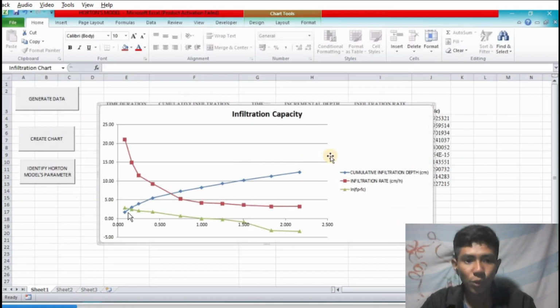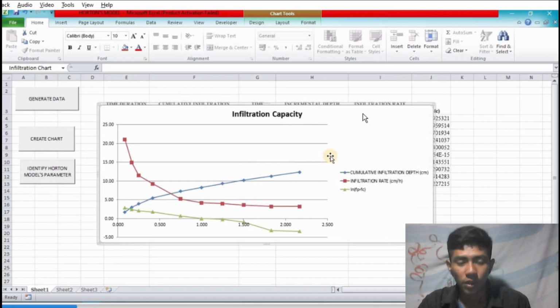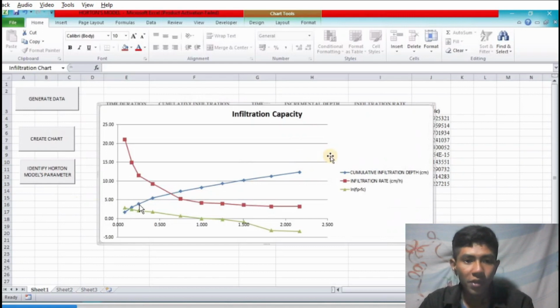Well, this blue line is the cumulative infiltration depth of the process. While the infiltration rate is decreasing, the cumulative depth is always increasing. That's the relationship between cumulative infiltration and infiltration rate. Once the cumulative infiltration is increasing, the infiltration rate will decrease.